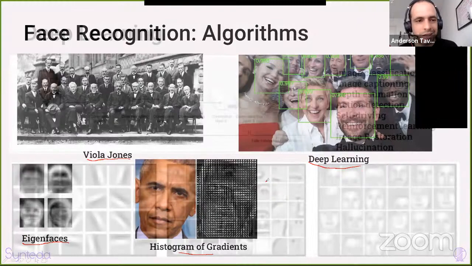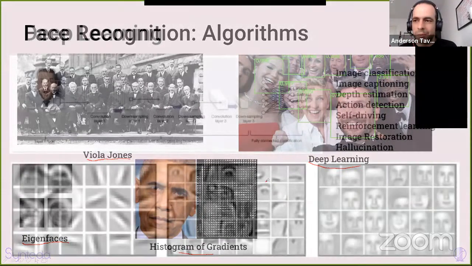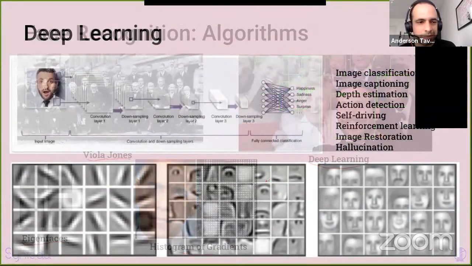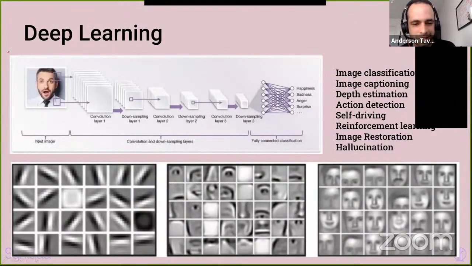And deep learning, which has some interesting features, is a set of calculations that we can make on an image, a video, audio, or text, to classify, to detect, to extract information in a series of computations.